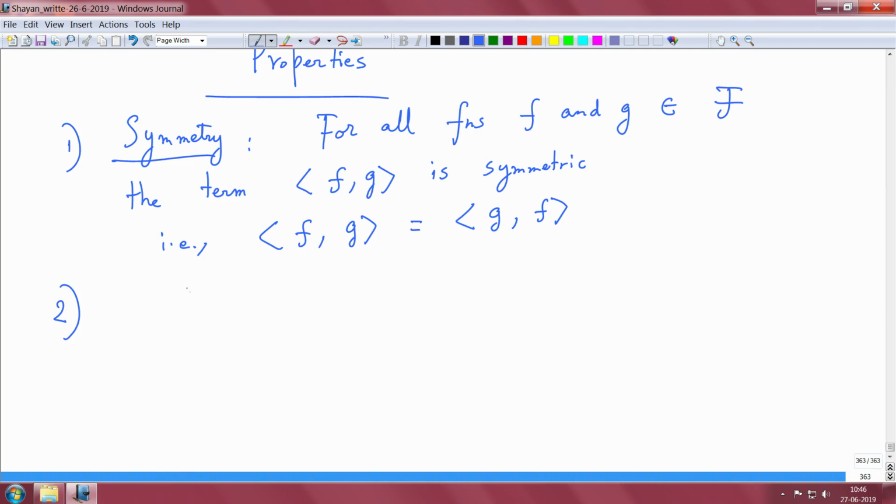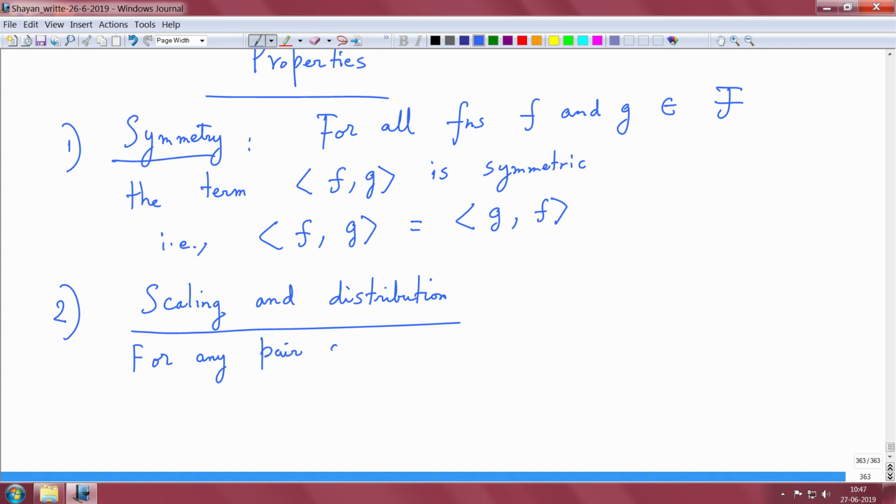We also have scaling and distribution properties. So let me state this result.